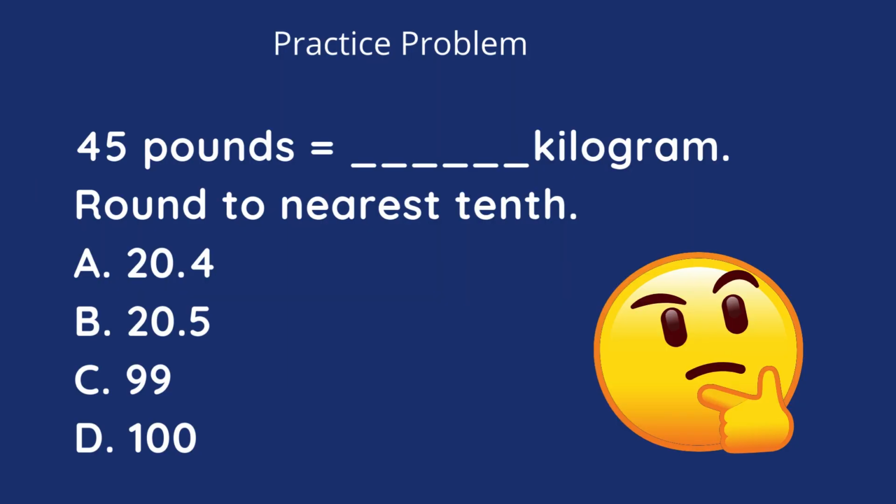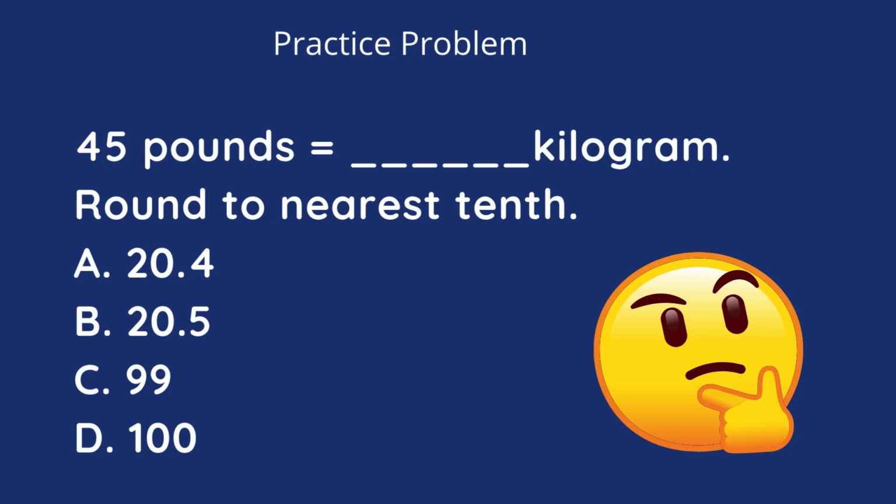All right, so here is our first practice problem. Patient weighs, we've got 45 pounds, and I need to see how many kilograms. And the question tells us to round to the nearest tenth. So when you round to the nearest tenth, I take 45 pounds divided by 2.2 kilograms.